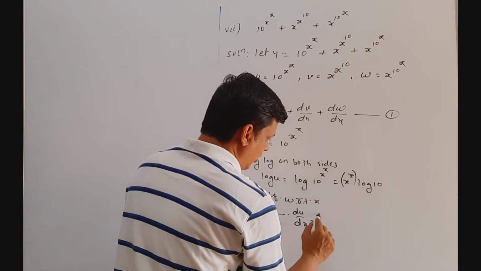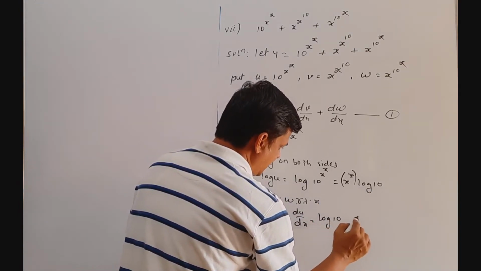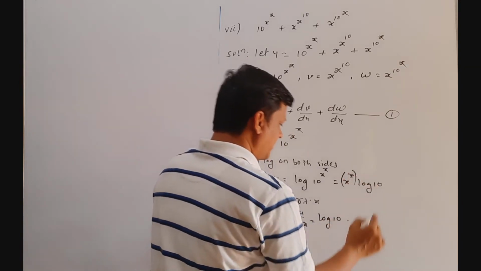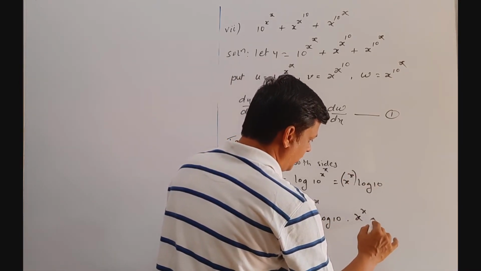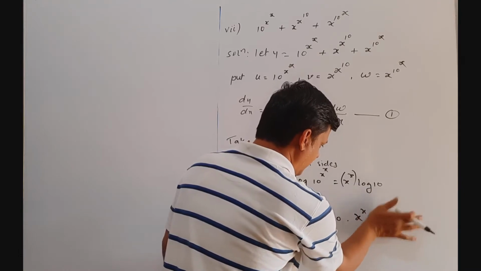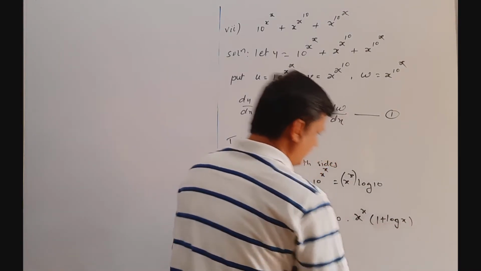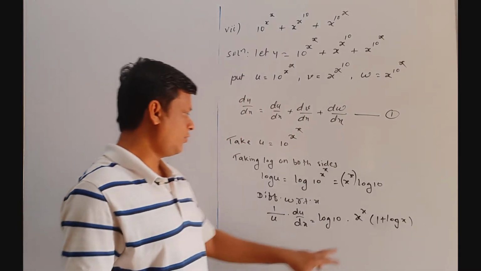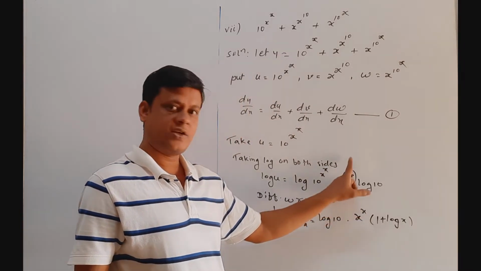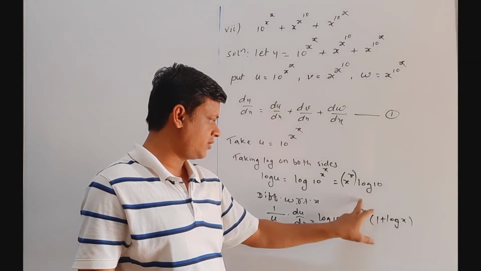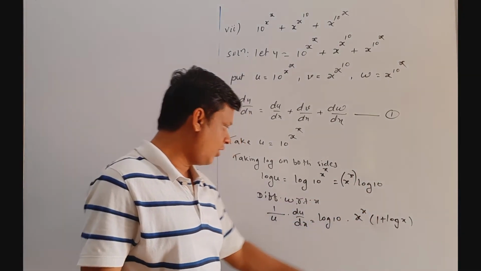This log 10 is a constant. So write log 10 as it is into the derivative of x raised to the power x, which is x raised to the power x into, in bracket, 1 plus log x. So if you know, you can write the derivative of this x raised to the power x directly, which is x raised to the power x into 1 plus log x.